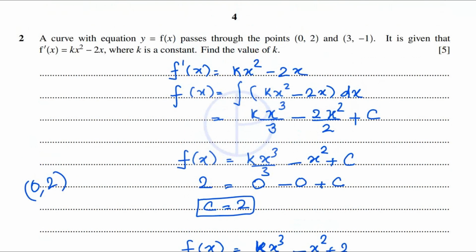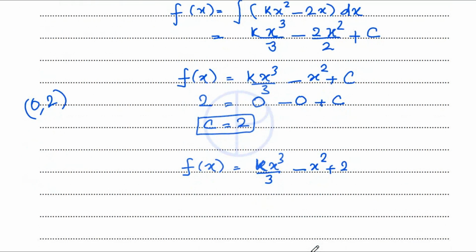And one more point is also given. It passes through the point (3, negative 1). So substitute this. We get negative 1 equals k multiplied by 3 cube divided by 3 minus 3 square plus 2.